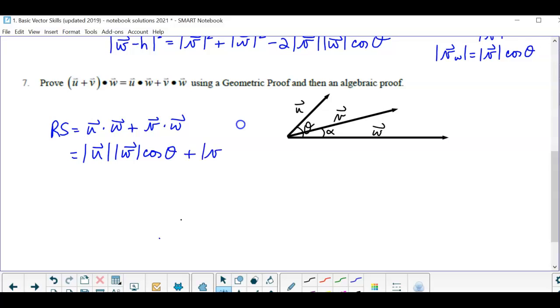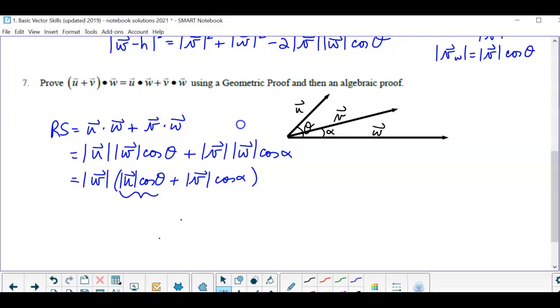And magnitude of V, magnitude of W, cosine in between those is alpha. Magnitude of W is common. Then let's take a look at this.